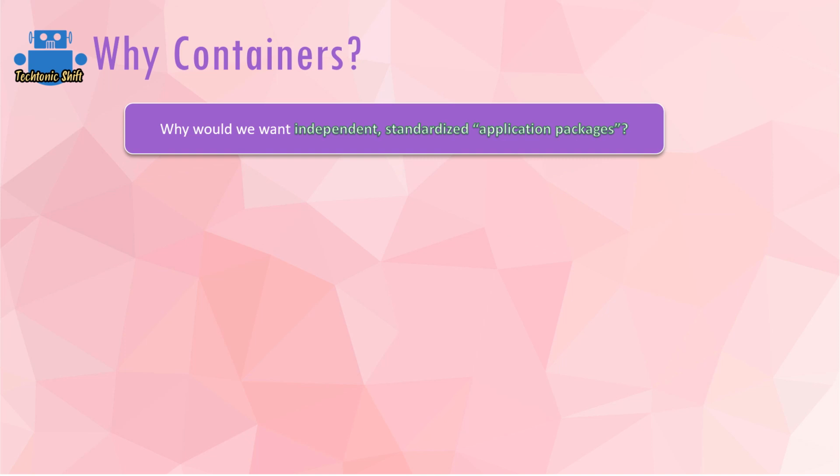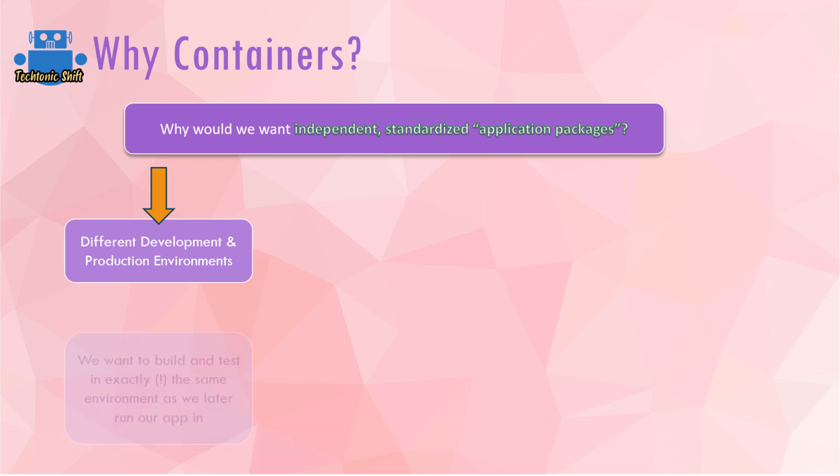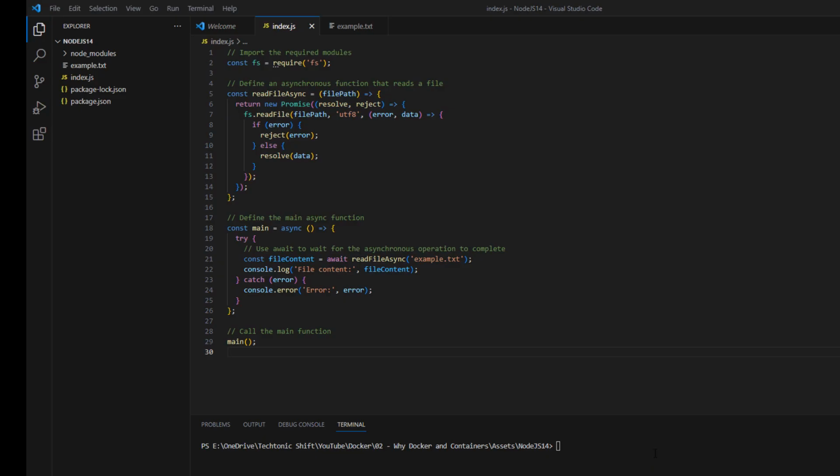Well, for one very good and typical example, and one of the main use cases of Docker, I would say, we of course often have different development and production environments. And here's a simple example. Let's say you created a Node.js application and you wrote some code there, which requires Node.js version 14.3 or later to run successfully.